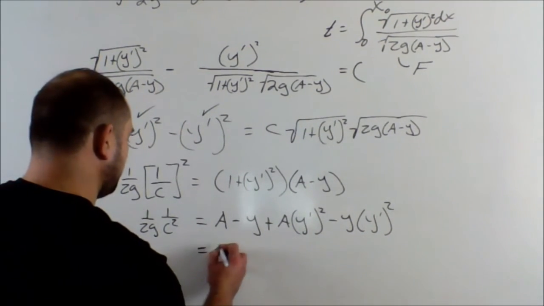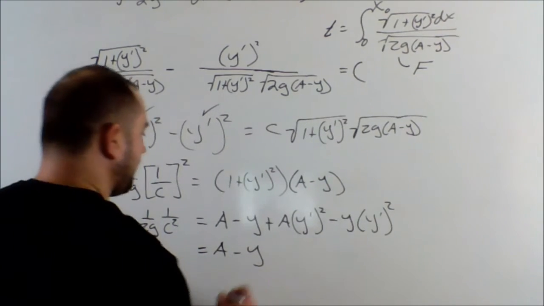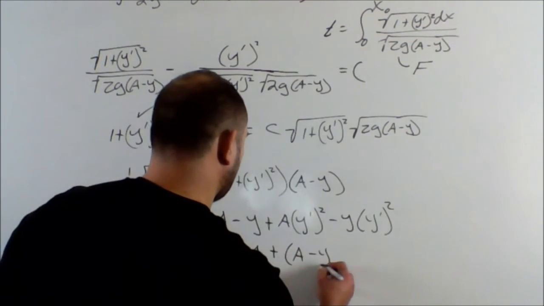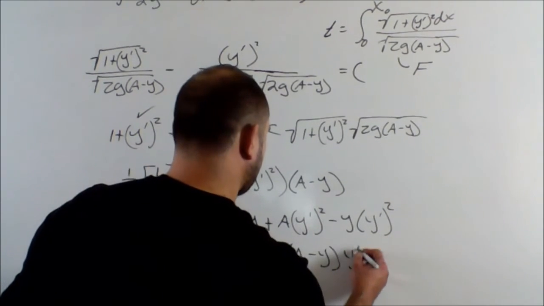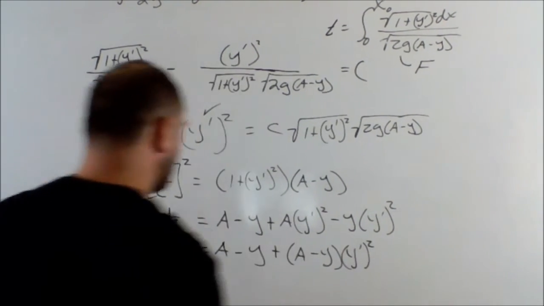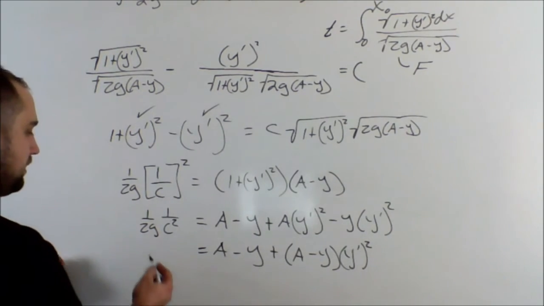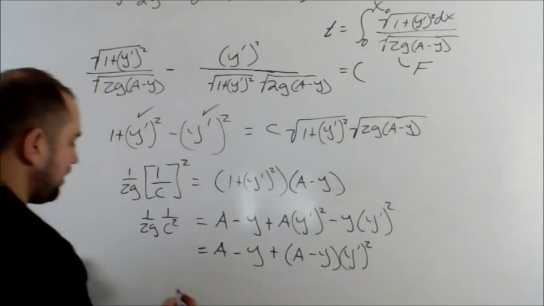So I get equals a minus y plus a minus y times y prime squared. Okay, so now let's solve for y prime squared.